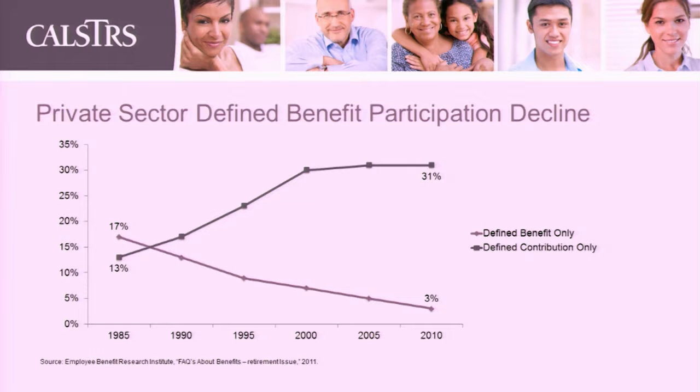The points that are important to take away are twofold. First, employees having access to an employer-sponsored retirement plan is very important to people being prepared for retirement. And second, when we start assessing risk of falling short in retirement, people who have been in defined benefit plans tend to fare better.